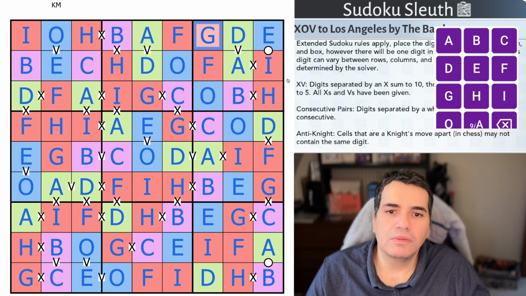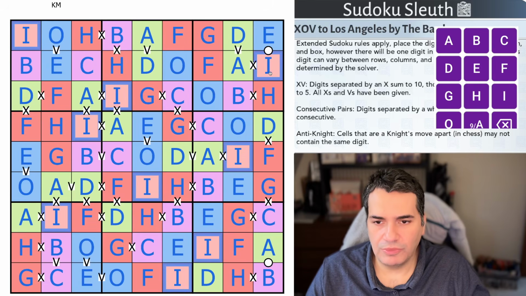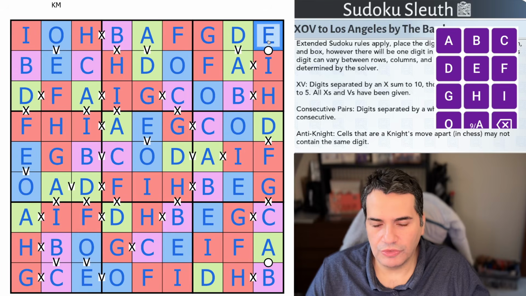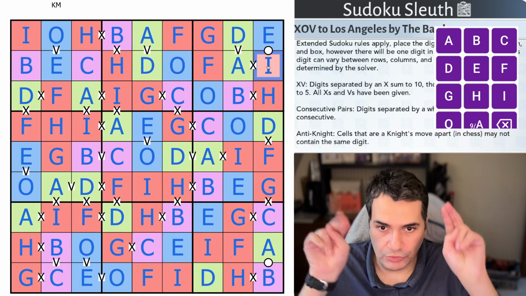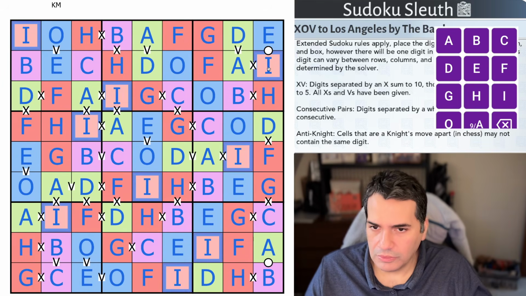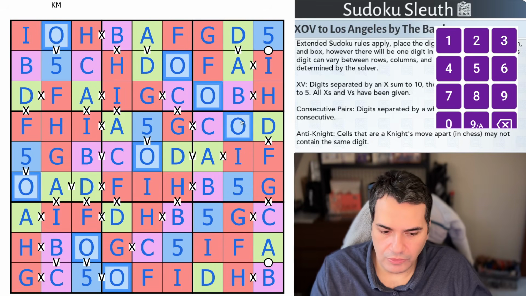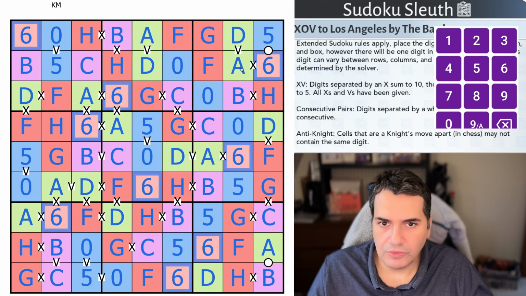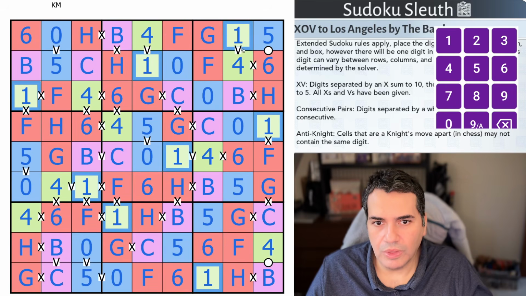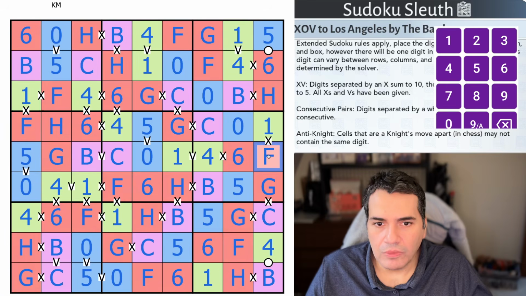Right, back to, this has to be 6 because this is blue and a low digit, in this case 5. So let's just crack on with 5, 0, 6, 4, 1, 9.